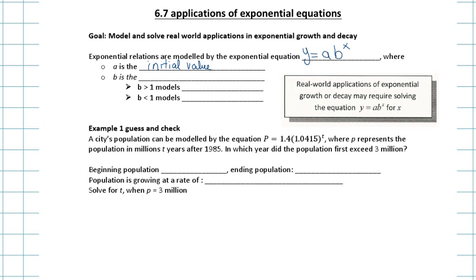And B is called the growth or decay factor. Sometimes you're going to have a growth factor, sometimes you're going to have a decay factor, depending if you have an increase or a decrease in your exponential function. Okay? So if B, which is your base, is greater than 1, then you have exponential growth.